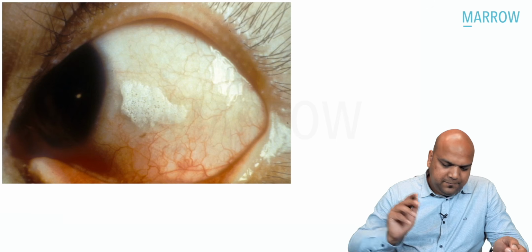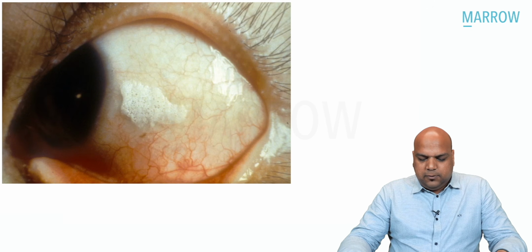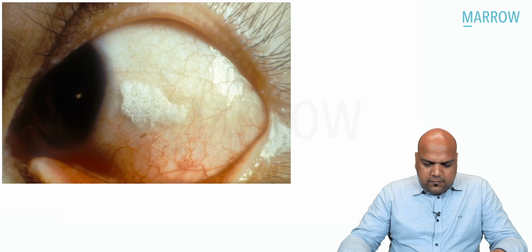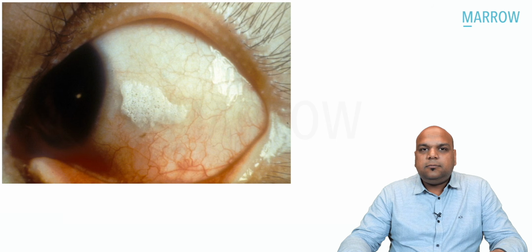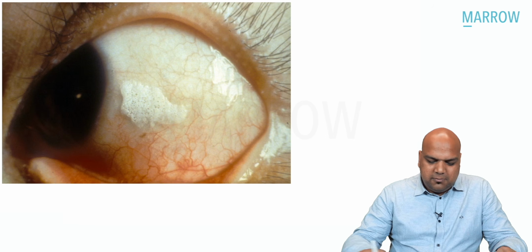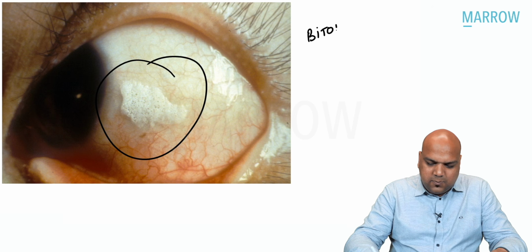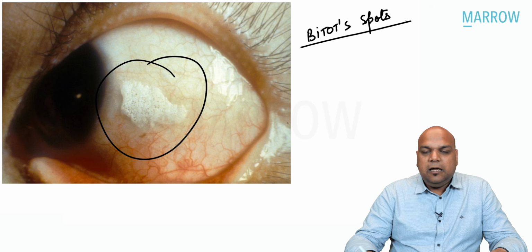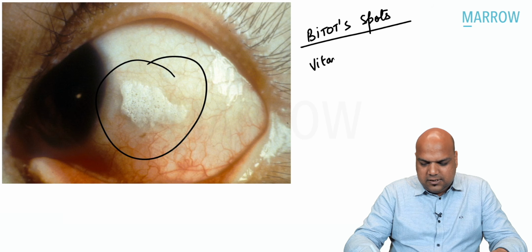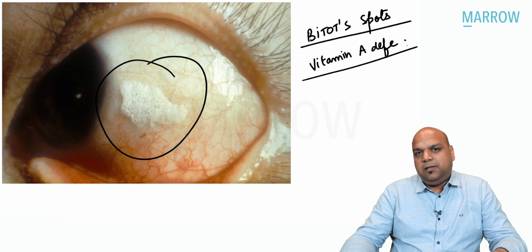Let's move on. Simple question. What is the diagnosis here? Very simple question. One answer. It looks like somebody has spit onto my conjunctiva. That's the answer. Bitot spot. Bitot spots are seen in vitamin A deficiency. Do I need to again go over the most revised topic, that is night blindness?